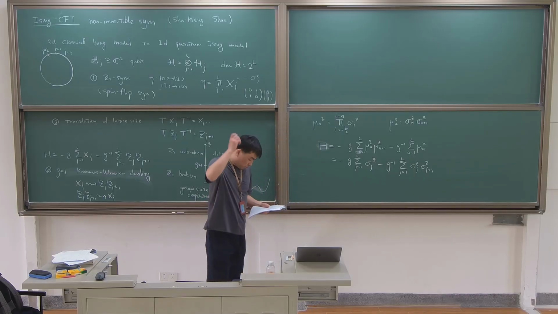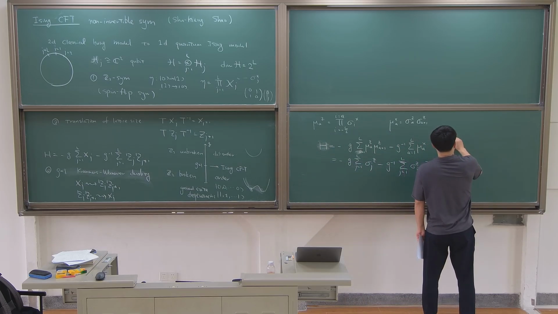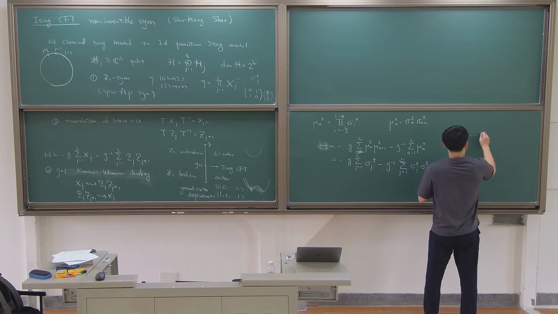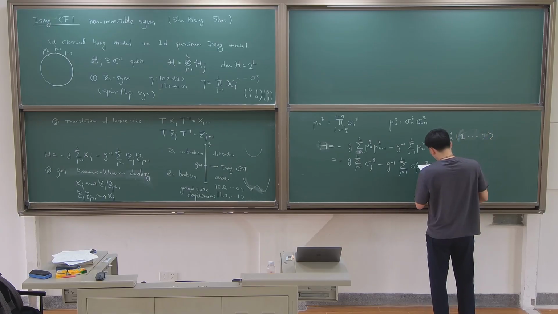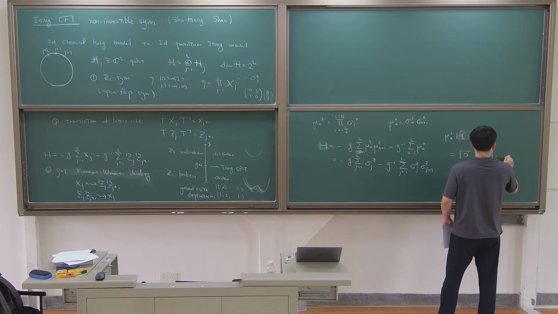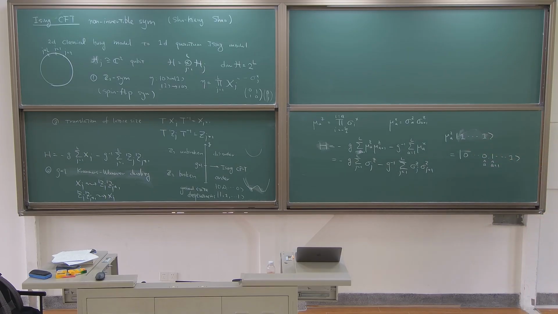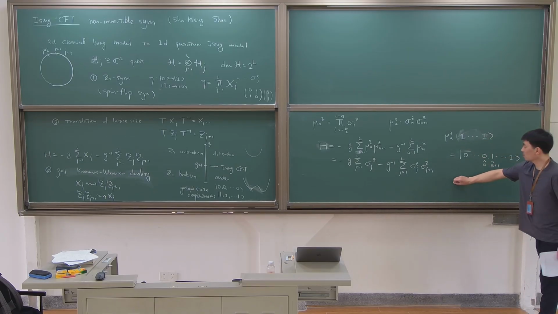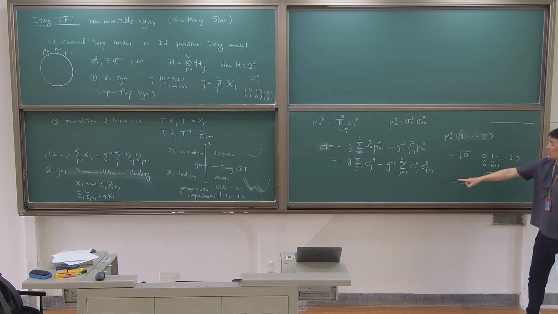Essentially, this mu acts on all spin up, going from 0 to 1, so that at position A there is a kink there.